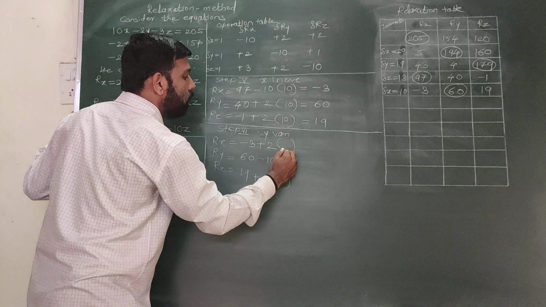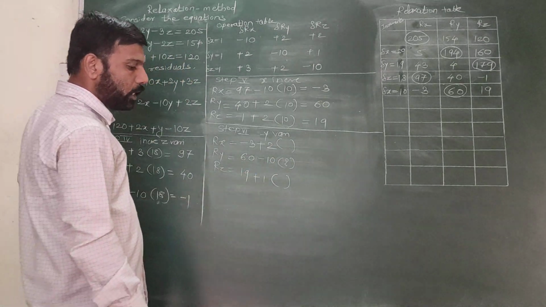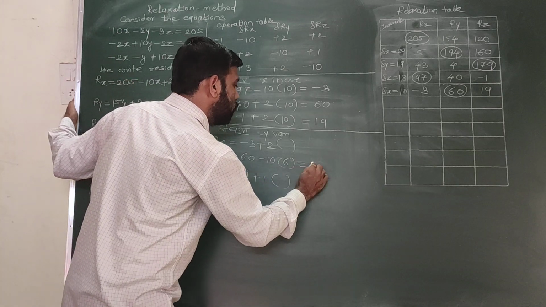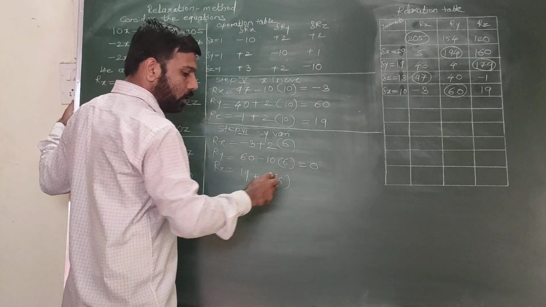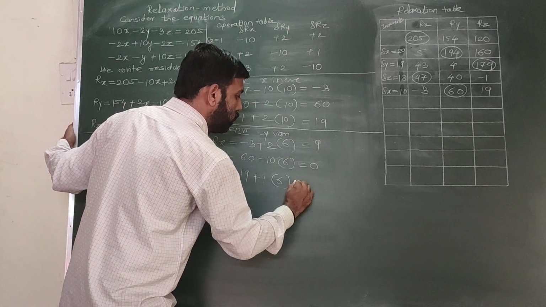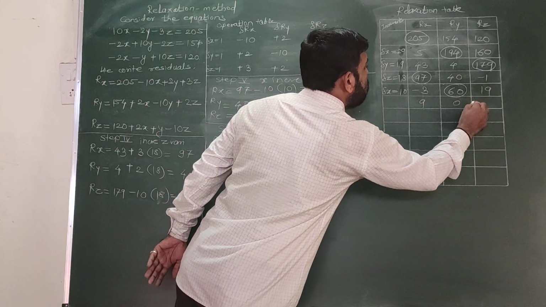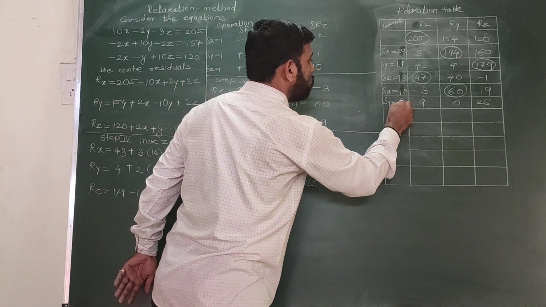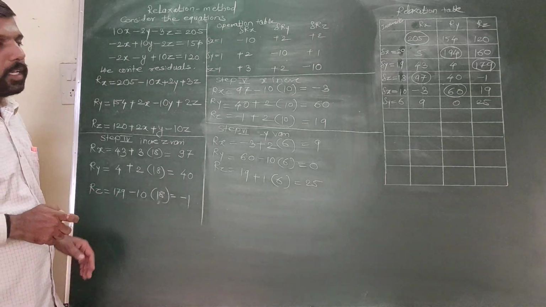In the bracket, increment right now we'll choose for y variable. Suppose the increment I choose here 6. So this value becomes 0, 6, 6, 9, 0, 25. Delta y equals to 6. So this is our consideration.